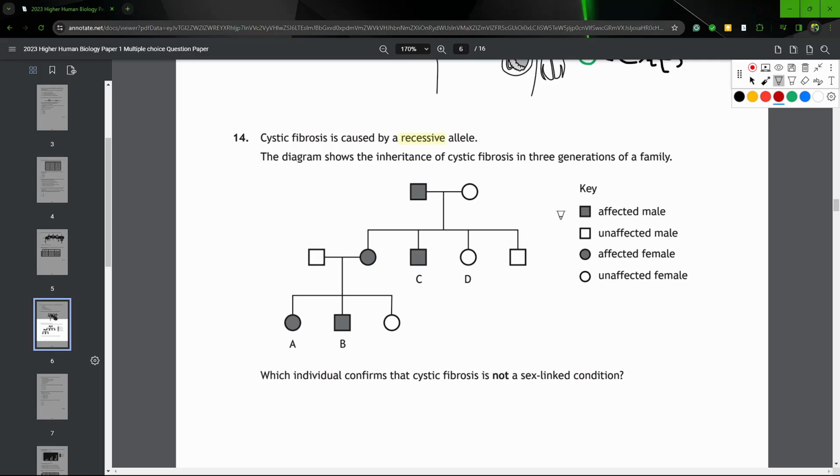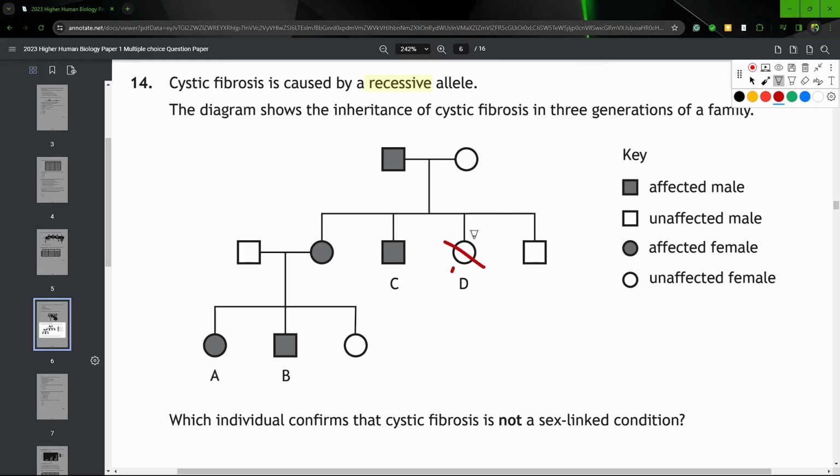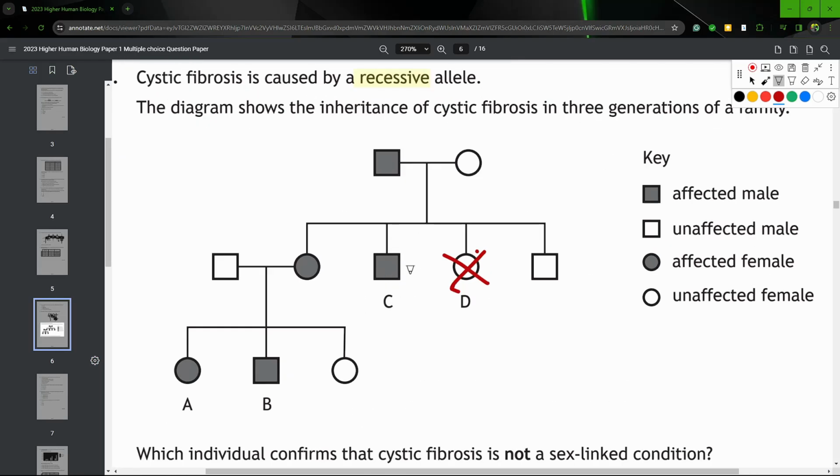Well, I would suggest we go through all these people and see if they tell us anything. Well, we can get rid of D. They are not affected by cystic fibrosis, so they can't tell us anything. What about C? We can't tell anything either, because cystic fibrosis is a recessive allele, which means the mother could be carrying a faulty X chromosome, which I'll represent as X0, and that's what caused it.